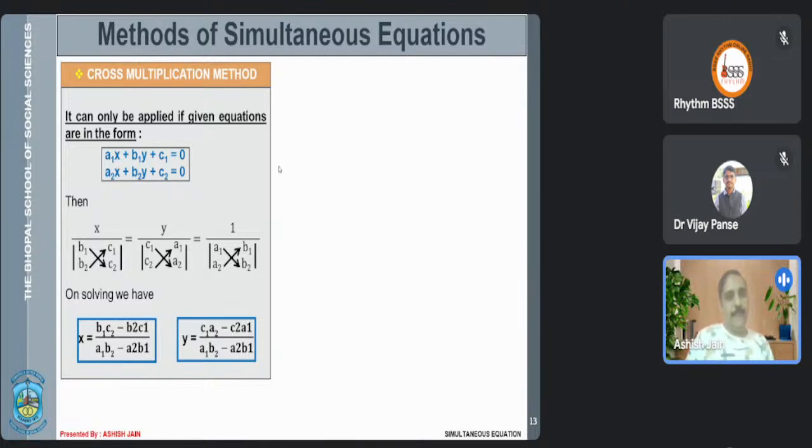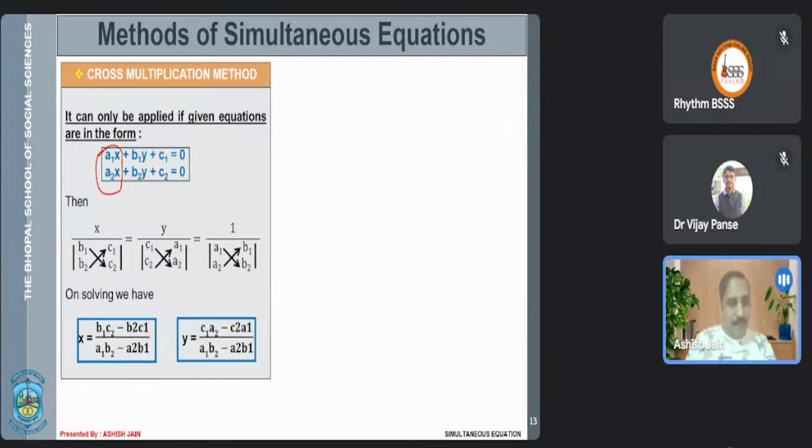If you look carefully, here the coefficient of x are a1, a2. So leave the coefficient of x. If we are finding the value of x, leave the coefficient of x. We are left with the terms of y and c, we will write b1, b2, c1, c2. It is not upon, it is simply b1, b2, c1, c2 in this notation only.